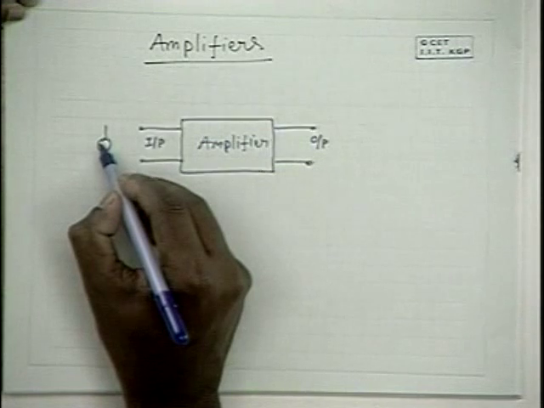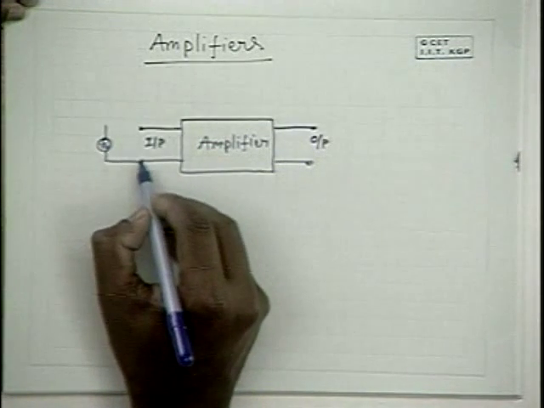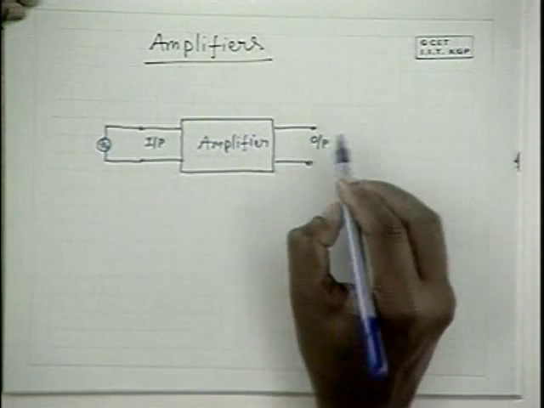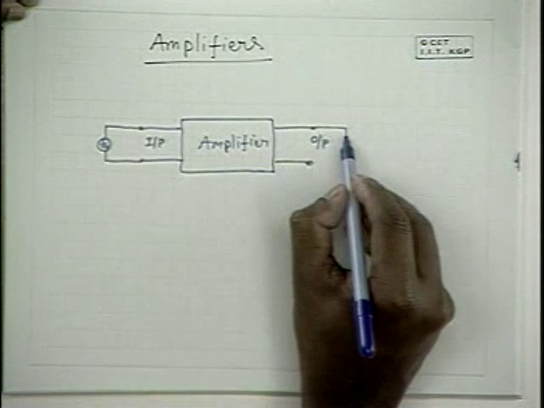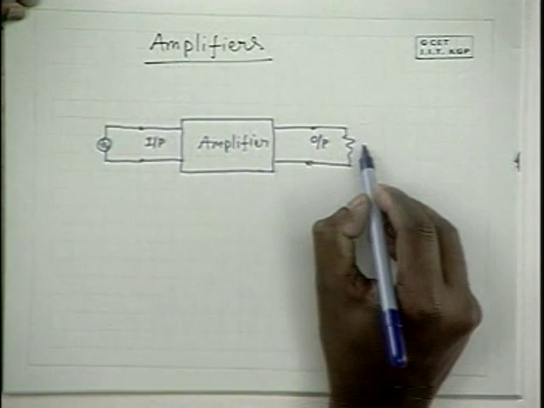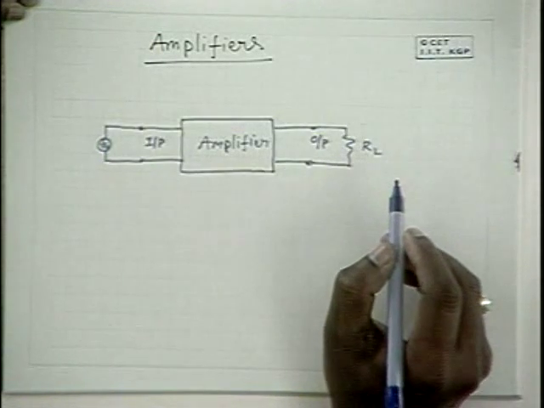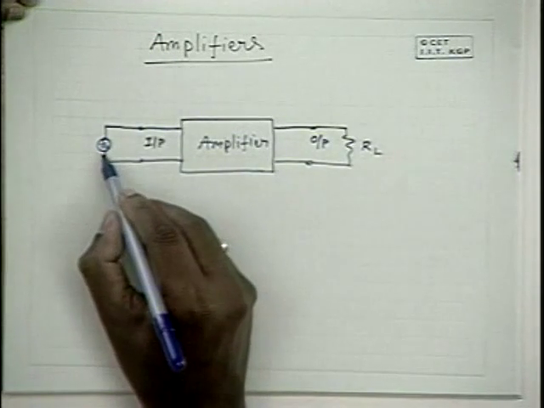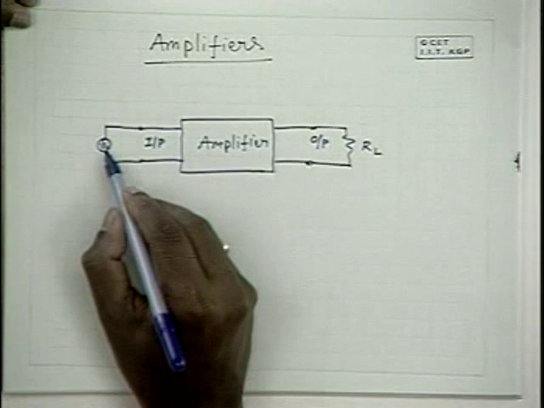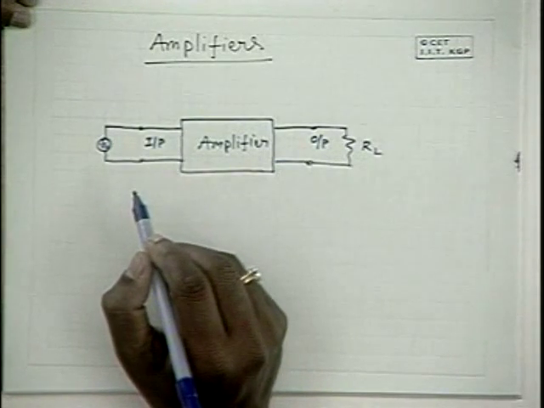We feed a signal from a signal source at the input port, and the output can be used to drive a load resistance RL typically. As I mentioned, this input signal can be a voltage signal or a current signal.